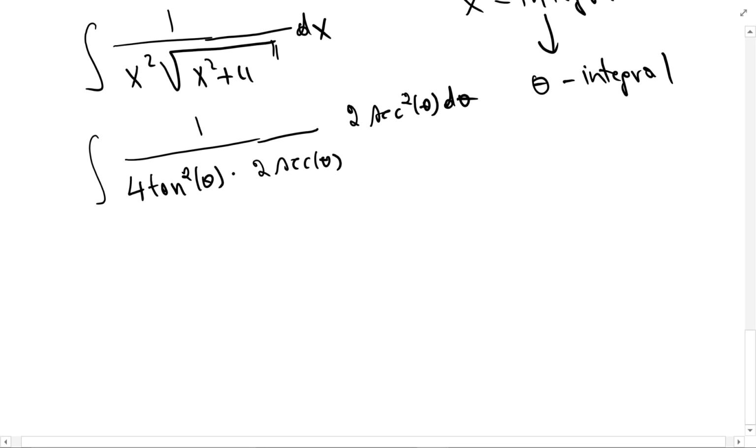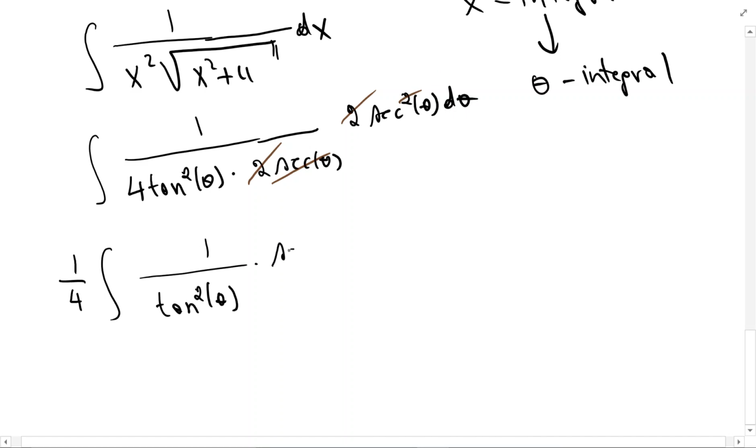To do it, we can simplify. Here, we can simplify 2 with 2. We can simplify one secant with secant theta, and then we collect what we have. Since 1 over 4 is a constant, you get 1 over 4 times 1 over tangent square theta times secant theta d theta.